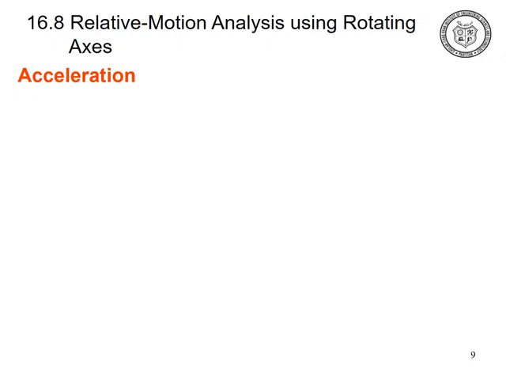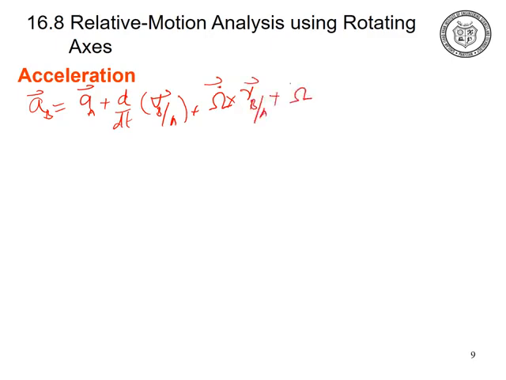So the part of the acceleration equation that we derived in the previous slide was a_B equals a_A plus d/dt of v_B with respect to A plus omega dot cross r_B/A plus omega cross (v_B with respect to A plus omega cross r_B/A).